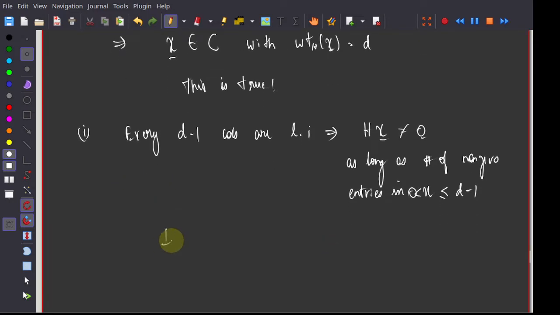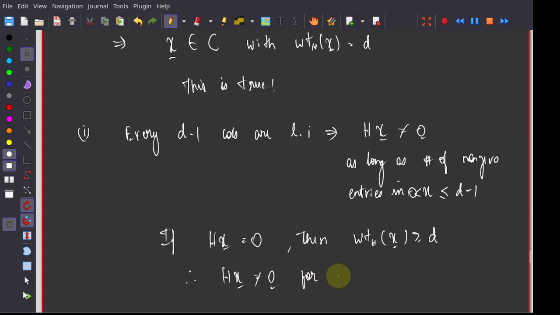So if H times X equals 0, then the weight of X would have to be at least D. Therefore H times X is non-zero for all X with Hamming weight less than or equal to D minus 1, but strictly greater than 0.